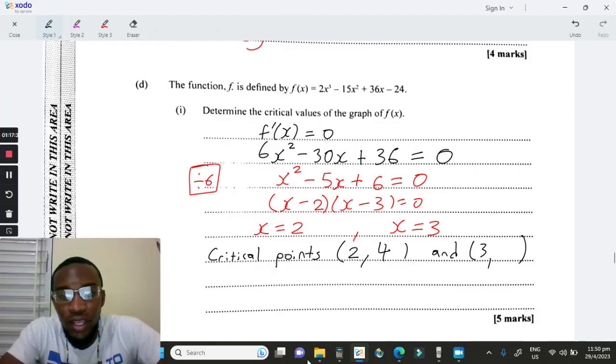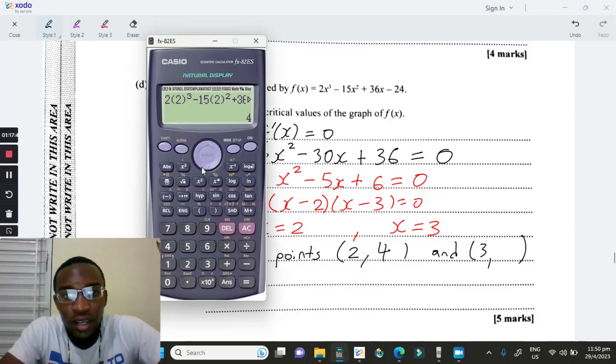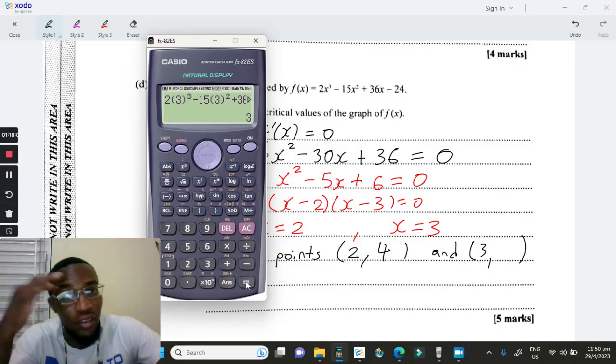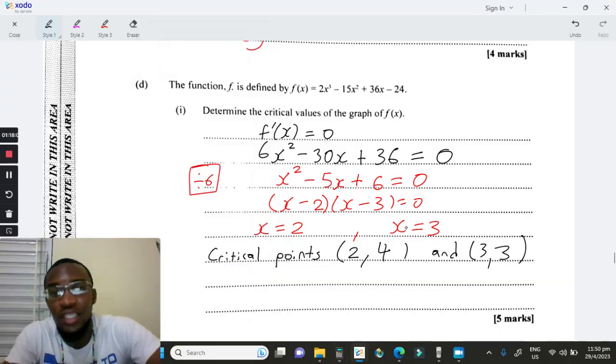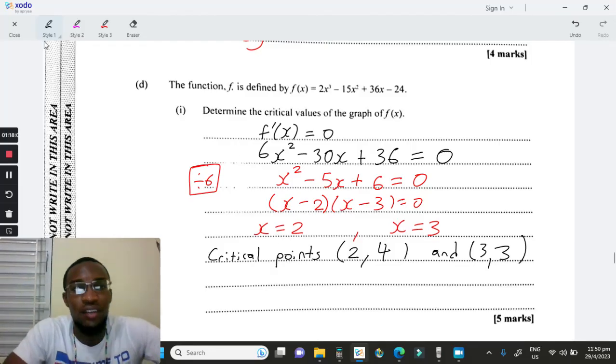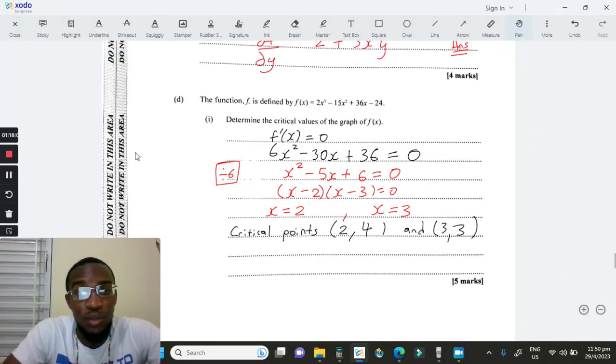Then plug in 3: 2 in brackets 3 cubed minus 15 in brackets 3 squared plus 36 in brackets 3 subtract 24, and we get 3. So (2, 4) and (3, 3). Those are our critical points. But they only wanted the critical values, so we finish right there. Very easy. No problem at all.